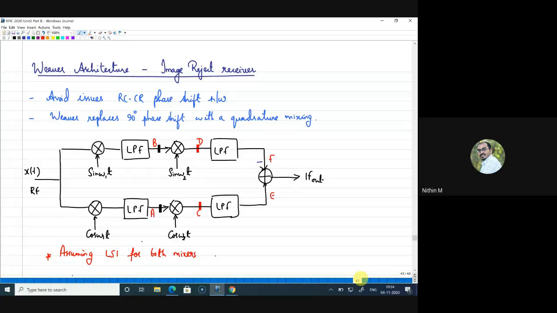Now, one question. Since I am using two sets of mixers, I think somebody has pointed this out before, when we discussed the dual down conversion receiver. The first mixer will have some image. Now you have a second mixer also. Are you seeing any other problem with respect to this Weaver architecture, since we have two sets of down conversion or two sets of mixing?